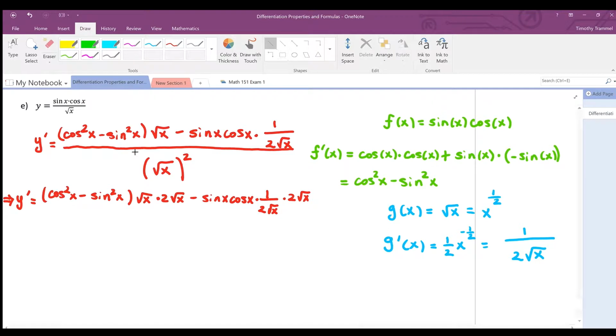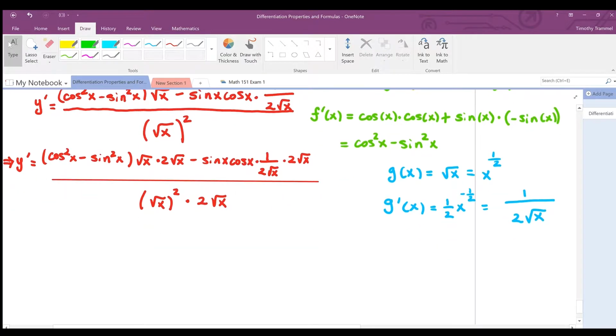Let's try that one more time. There we go. All right, and this is now all over the square root of x squared still, times 2 times the square root of x. And we can keep going. Now, in the numerator, we're going to get cosine squared of x minus sine squared of x.